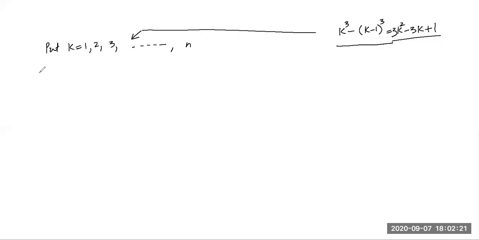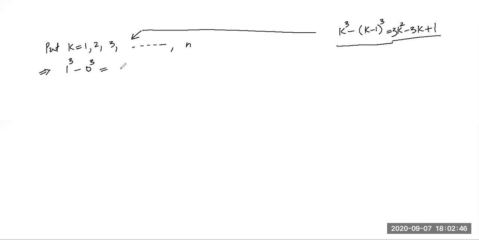So what do I get? Don't miss anything. Then you understand very easily. Put k everywhere and don't miss anything. Please speak. 1 cube minus 0 cube.